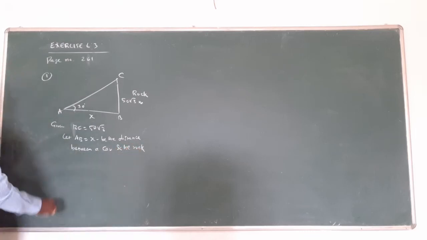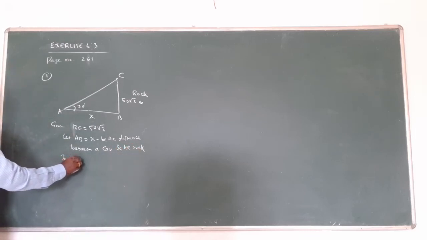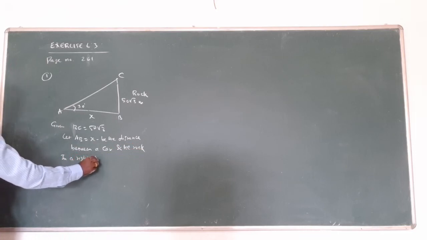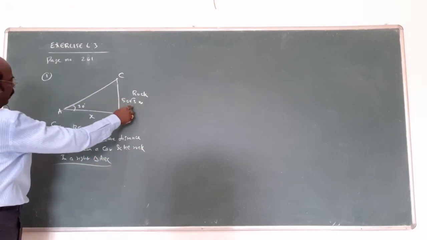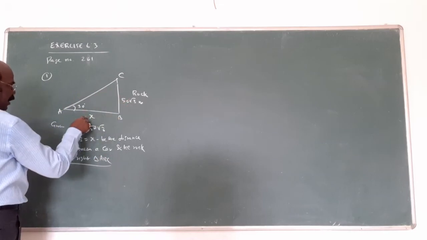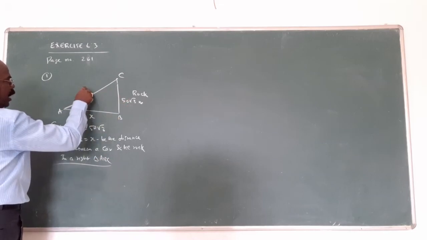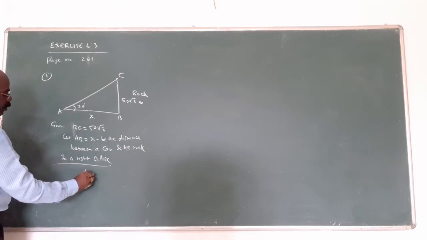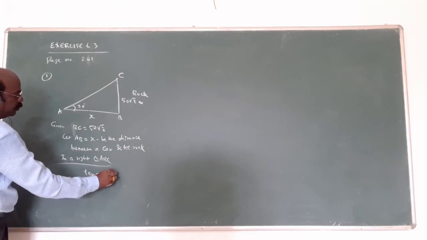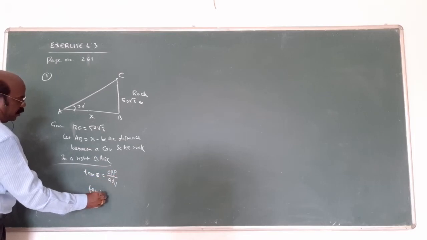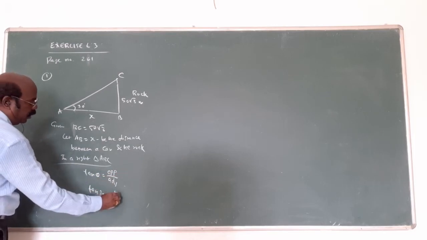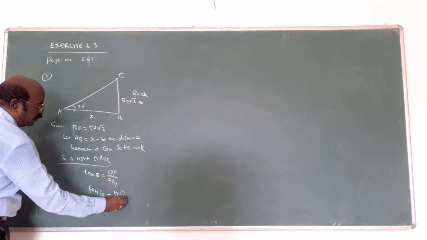Am I right? In the right triangle ABC, here also the opposite side is given, the hypotenuse is not asked, so tan. Tan 30 equals opposite 50 root 3 by x.